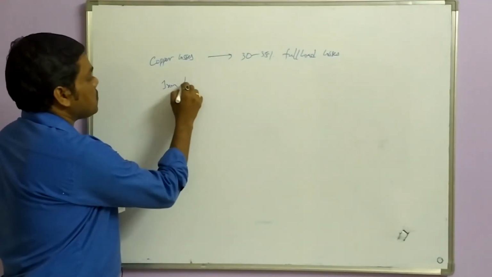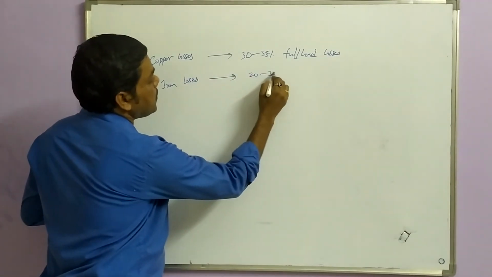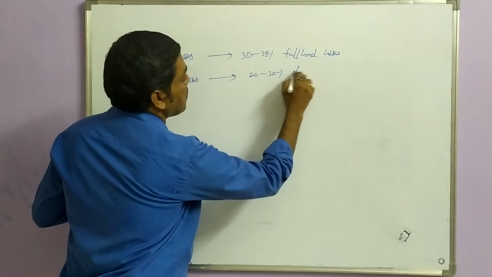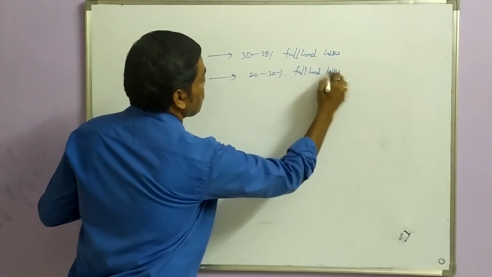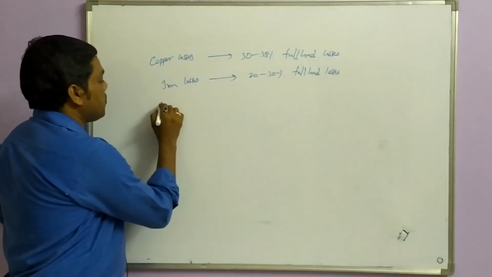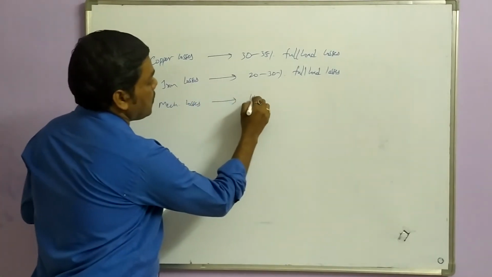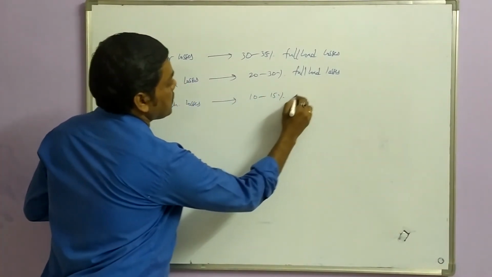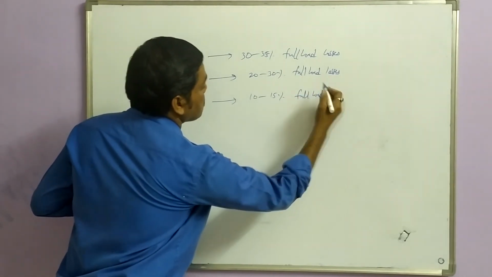Next, iron losses are 20 to 30% of the full load or total losses. Next, mechanical losses are 10 to 15% of full load losses.